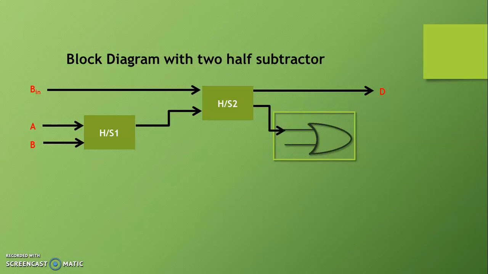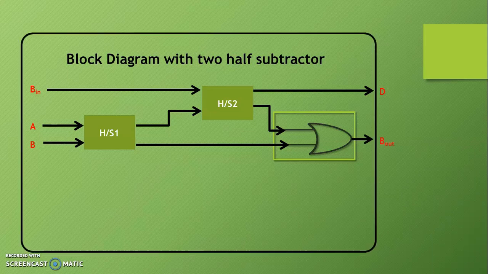We give borrow output of both the subtractors to the OR gate, and if any of the half subtractors is generating a borrow, then through the OR gate we have final output, and that is B out.